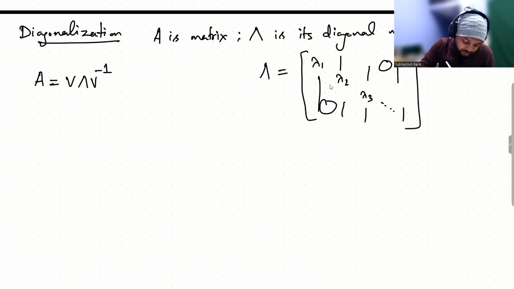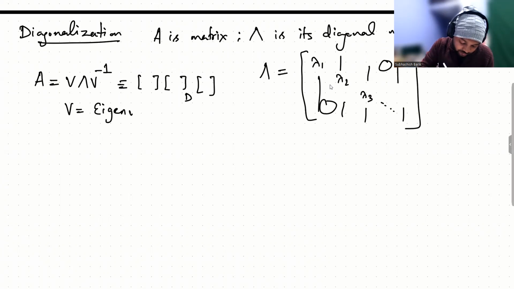So what is V? Sorry, V is not a vector, it's a matrix again. So this is basically one matrix times this diagonal matrix times another matrix. V here is the eigenvector matrix, and lambda you can call the eigenvalue matrix or the diagonal matrix.